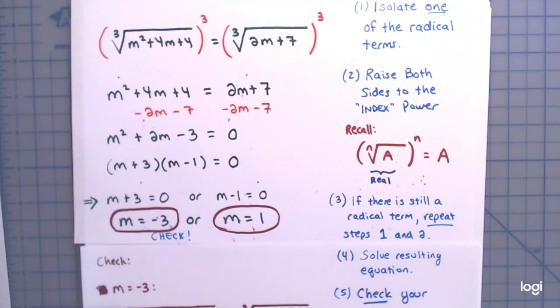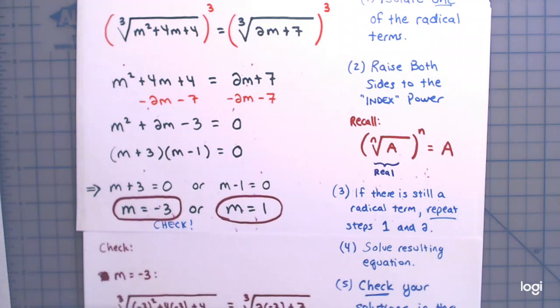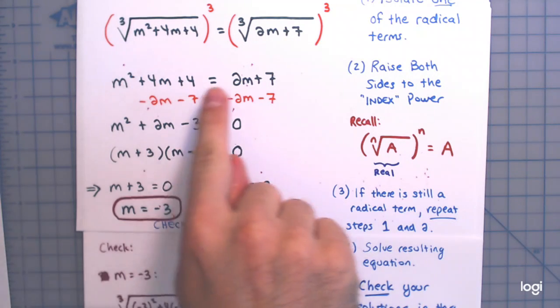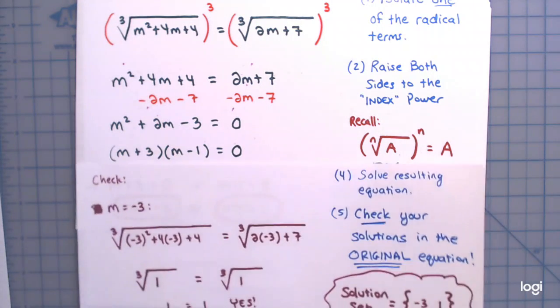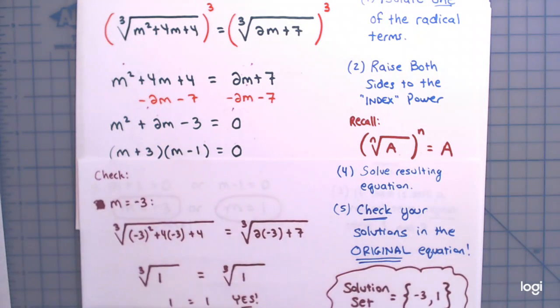So isolate the radical term that's left over, and then raise both sides to the index of that radical again, right? Then after step 3, after you repeat steps 1 and 2 enough, you should have an equation without radicals, like this one here, the quadratic here. Solve that resulting equation, and of course at the end, always with equations, check your solutions. You may come across some extraneous solutions where you get numbers that you think are solutions but don't actually work in the original problem.